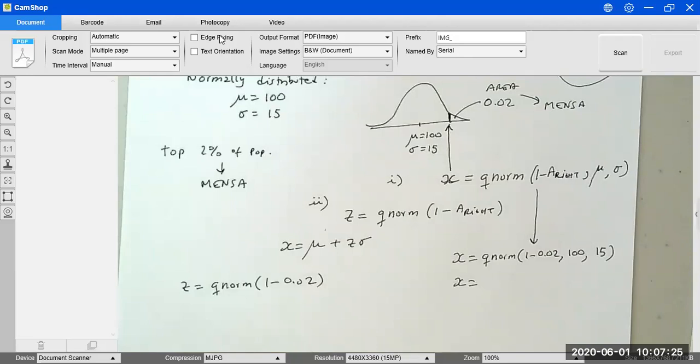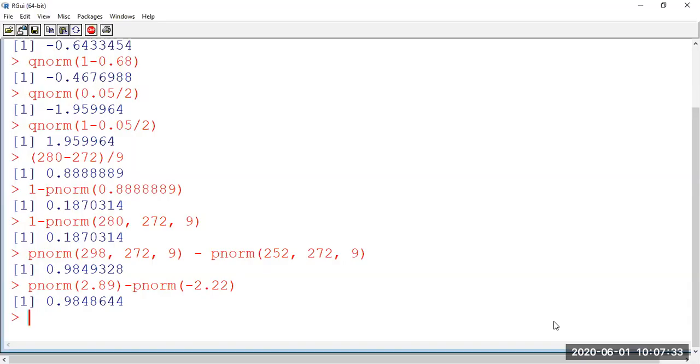Let's use R to do these computations. That is going to be the last problem that you're going to have. No, we have one more problem, and then you have assignments. So first, let's find x directly. qnorm of 1 minus 0.02, comma, 100, comma, and 15.